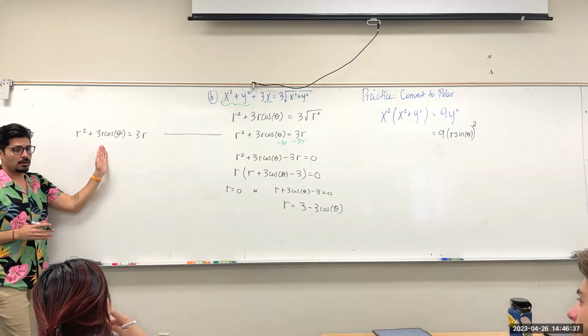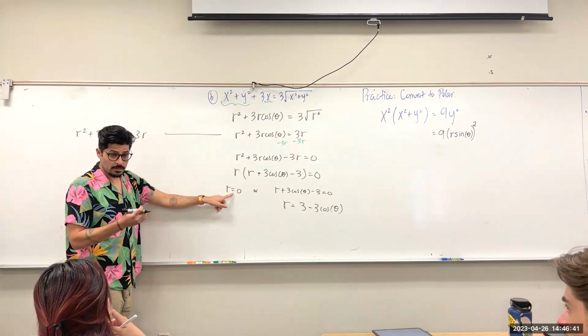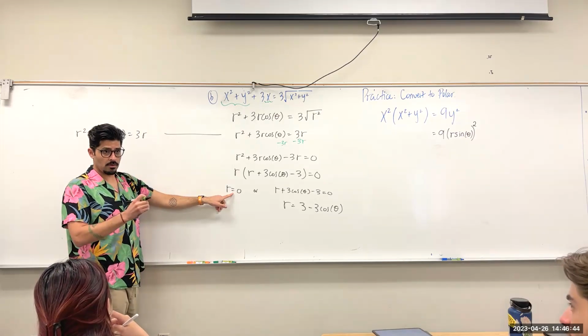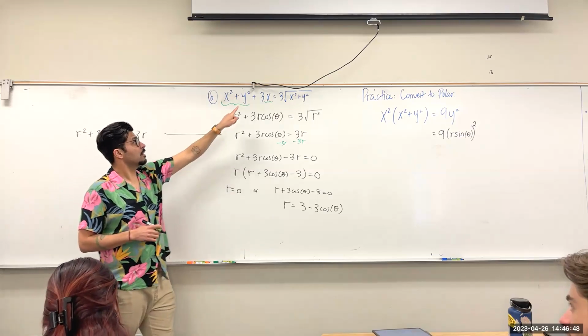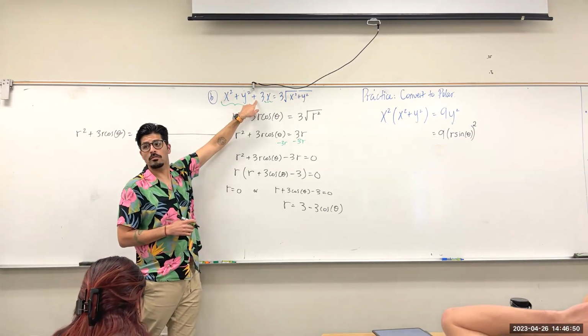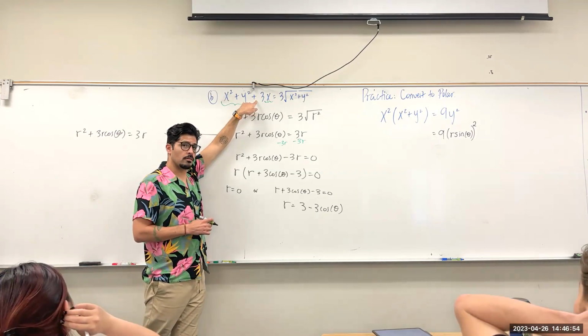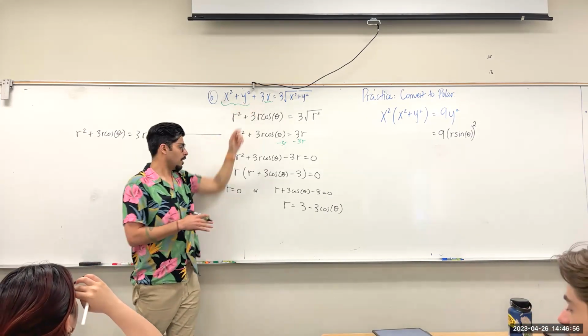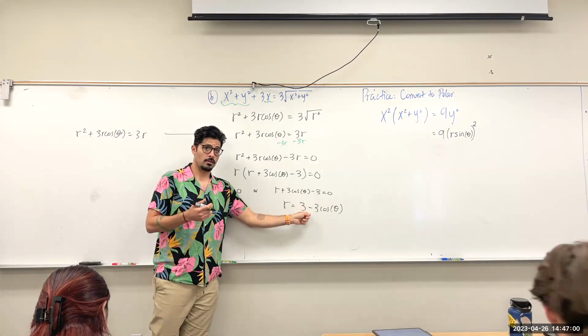Before you divide that R, if R is 0, the origin's included. If R is 0, the origin has to be included. So you just have to make sure that this equation includes the point 0, 0. If it does, then you're fine. You can divide by R because you can assume R won't be 0, because this graph is going to include the origin as well.